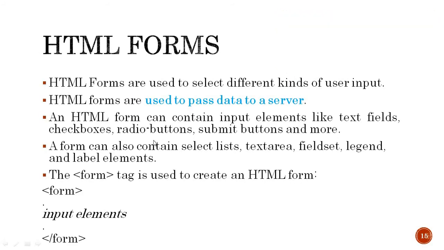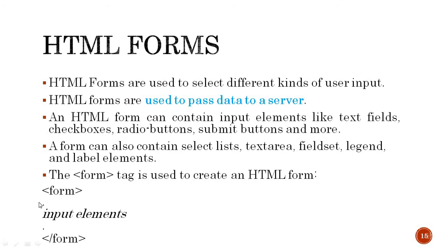So next is HTML forms. Now let's understand these terms in detail. HTML forms are basically used to collect different types of information. They are used to pass data to a server. A form can contain input elements like text fields, checkboxes, etc. It can also contain lists, text area, field set, and label elements. The form tag is used to create an HTML form.